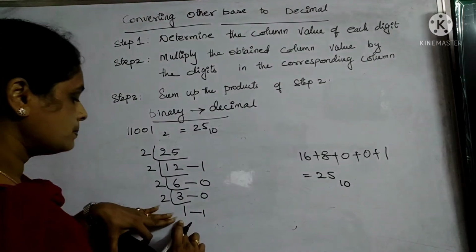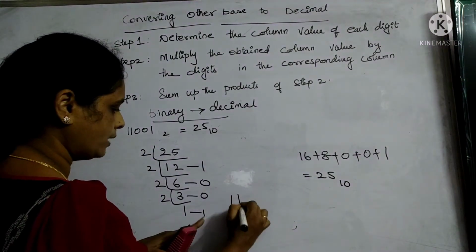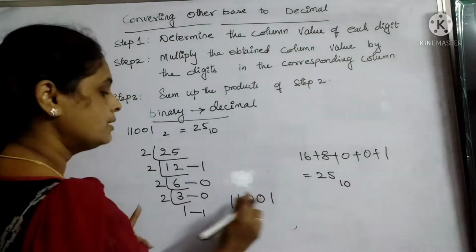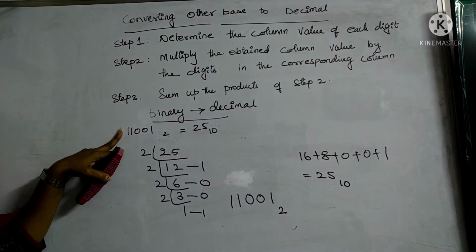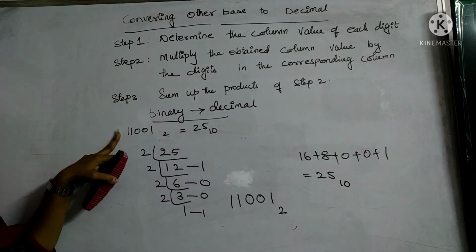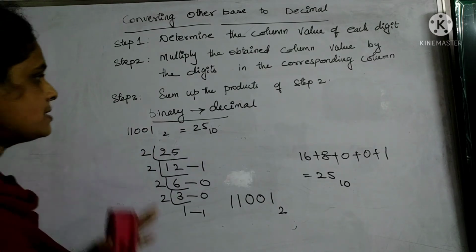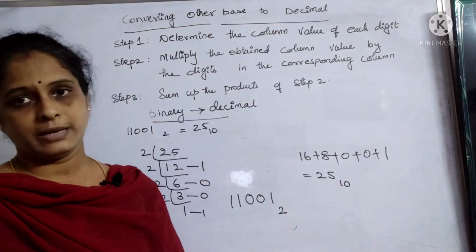Okay, so write it from bottom to top, that is 11001. This is in base 2. If you check here, yes, we got the same LHS. We started from the right hand side and we found the left hand side. Okay, so this is how we convert the given binary number into a decimal number.